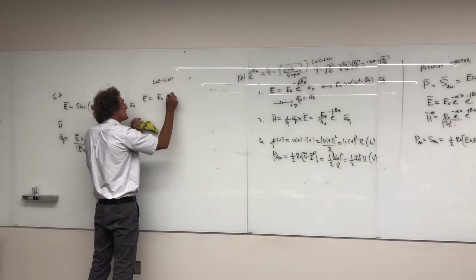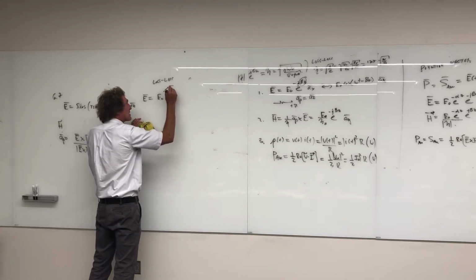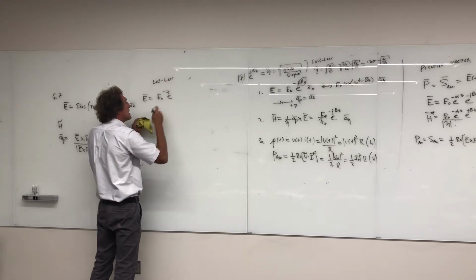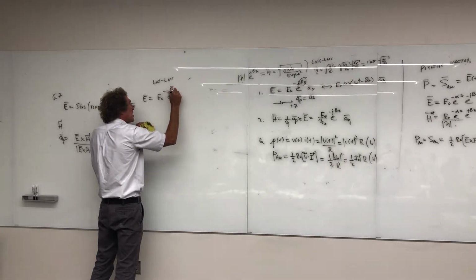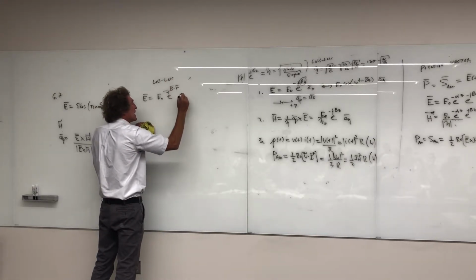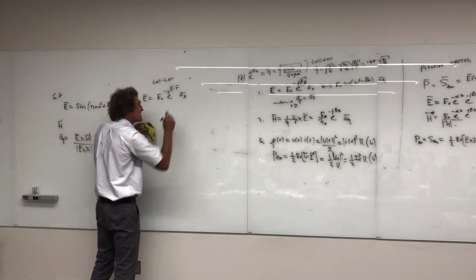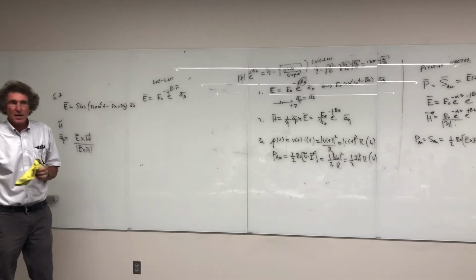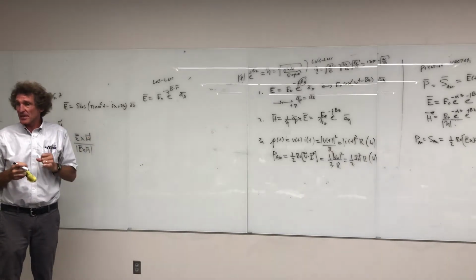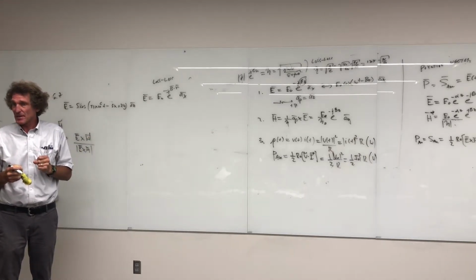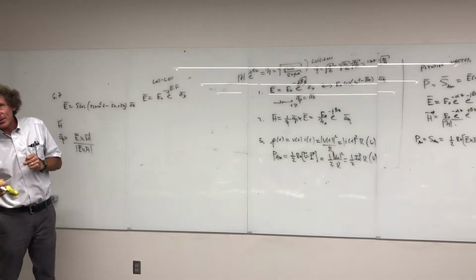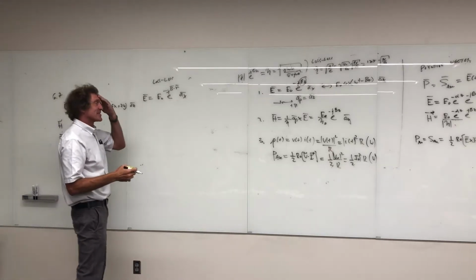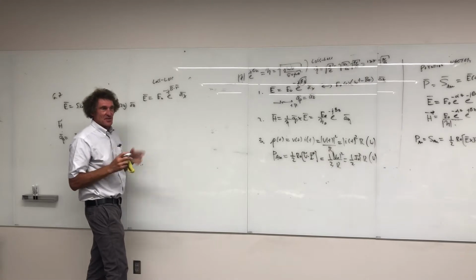It's e to the minus j, and now it's going to be something called k vector, or beta vector in our case, beta vector dot r vector. And I'm going to say it's polarized in the a_x direction for now, but it doesn't matter the direction. Do you follow me? You have to know the direction it's polarized, and that you can't get unless it's specified. Well, you could. Every time I say that, I think, this will be specified, the direction of propagation.